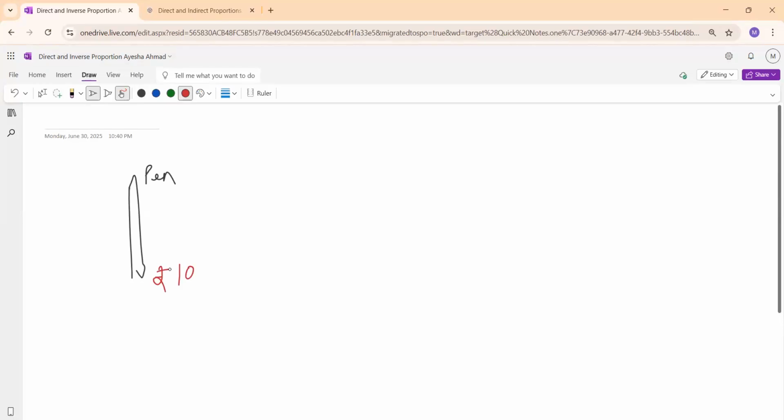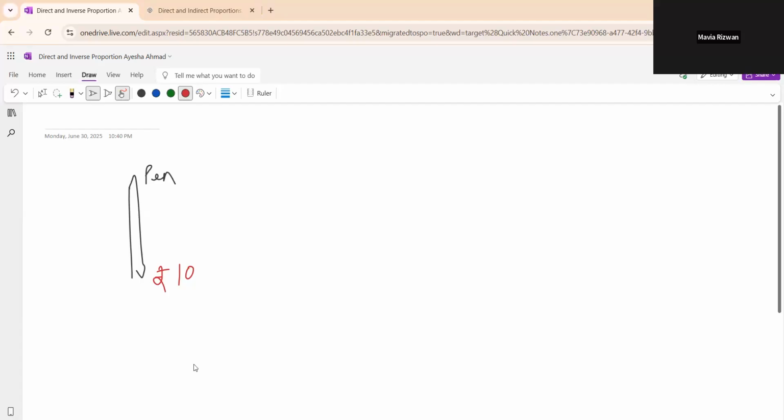Will the cost for 5 pens be greater than 10 rupees or less? One pen is 10 rupees, so how much will 5 pens cost? 50 rupees. Very easy.